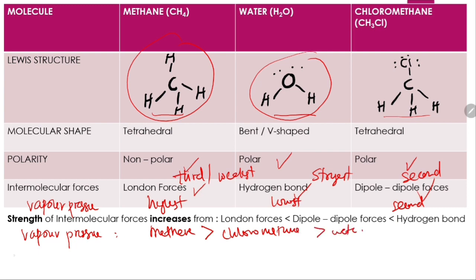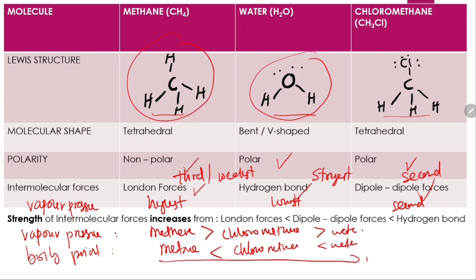So we can expect the boiling point to increase in the reverse order, which is methane has the lowest boiling point, and then chloromethane and water. So this is increasing boiling point.